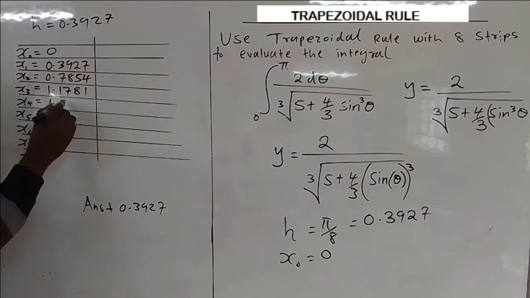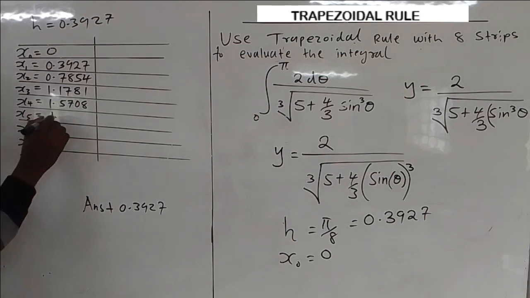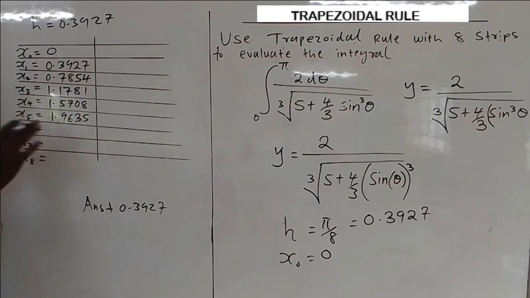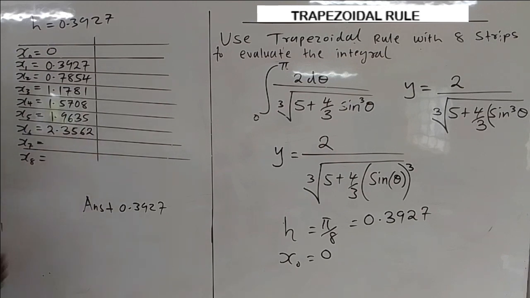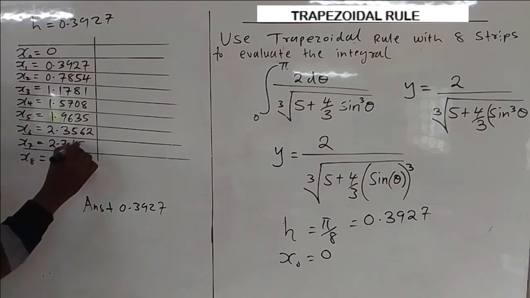Then x4, if you press equals, 1.5708, isn't it? If you press equals, 1.9635. If you press equals, 2.3562. If you press equals, 2.7489.